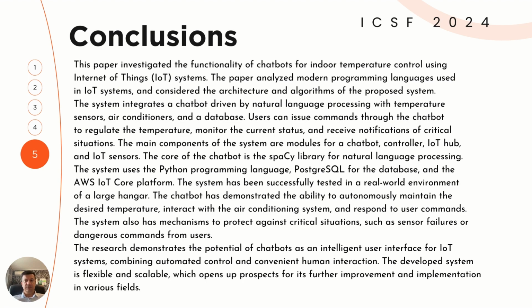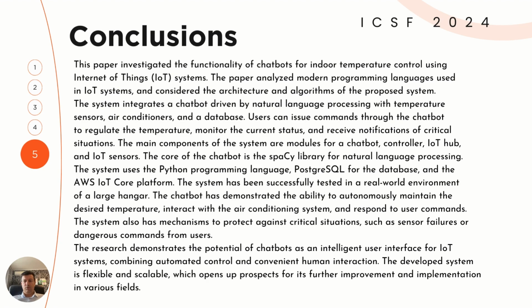The system integrates a chatbot driven by natural language processing with temperature sensors, air conditioners, and a database. Users can easily use commands through the chatbot to regulate the temperature, monitor the current status, and receive notifications of critical situations. The main components of the system are modules for a chatbot controller, IoT hub, and IoT sensors.